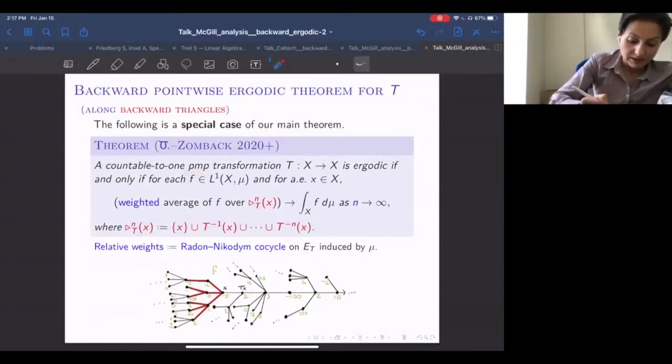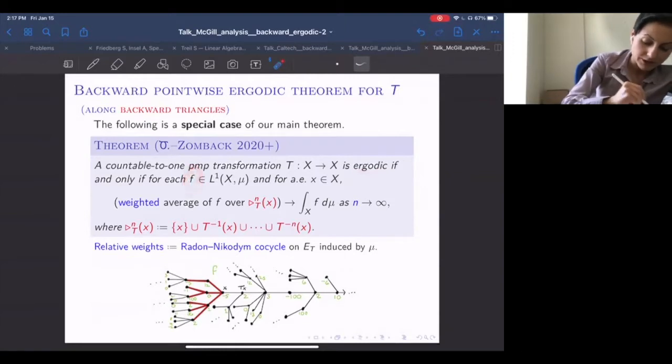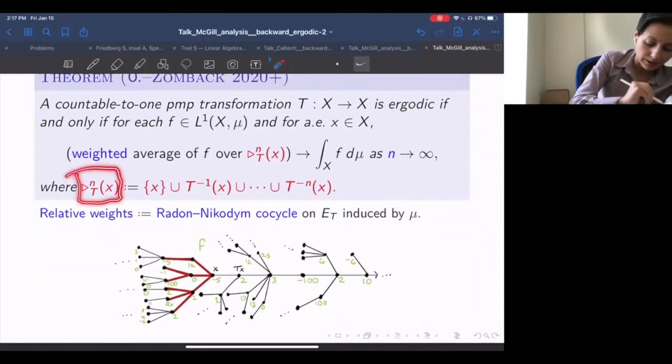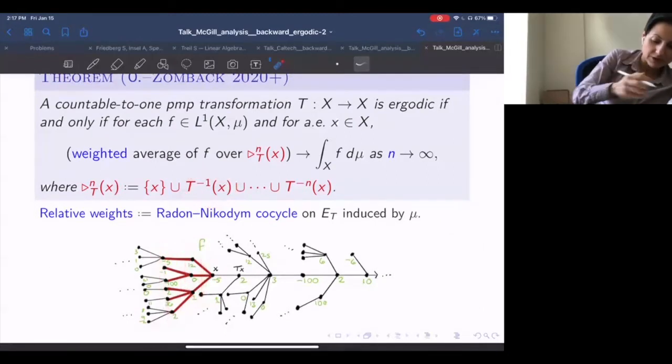And the theorem says that it's ergodic if and only if, again, whenever you fix an L1 function, for almost every x, if you look at the union of its pre-images, here I'll make it bigger. So if you consider this set that we denote by triangle, if you take x, then you also take the set of all pre-images, and then the further pre-images, and take the union.